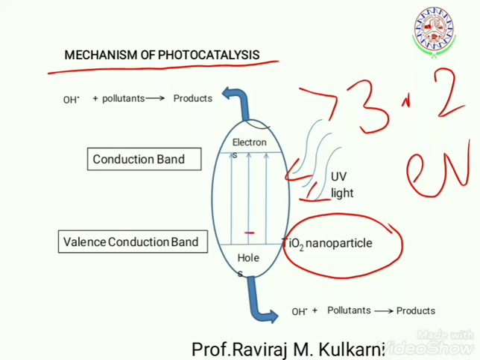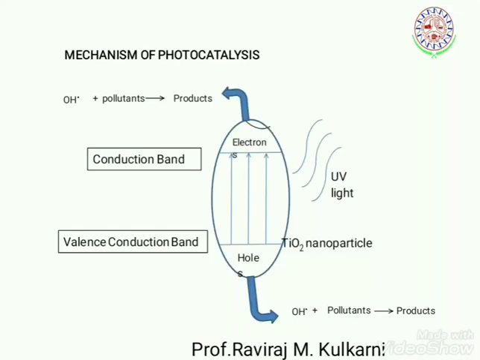An electron from the valence band jumps to the conduction band. So here a hole is produced in the valence band. Electrons are pumped to the conduction band.